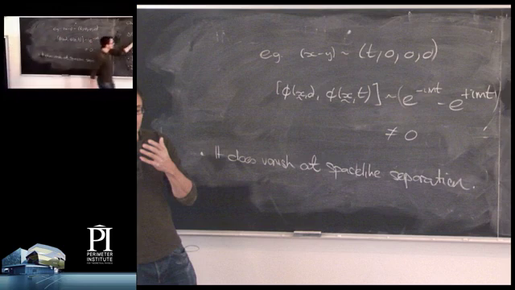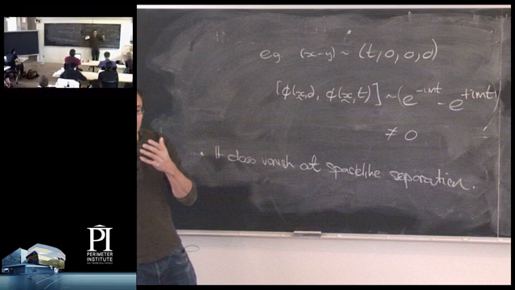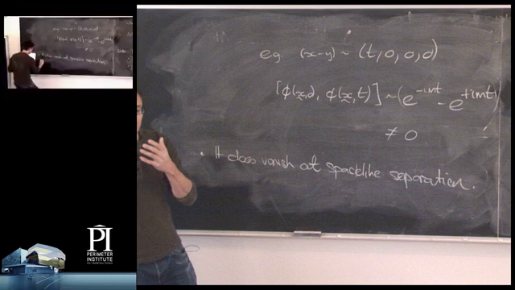And it vanishes because we know it vanishes when we're at equal times, and it's a Lorentz invariant quantity. Therefore, it has to vanish if we do any Lorentz transformation on it, where they're separated outside the light cone. So it vanishes at equal times, and is Lorentz invariant.